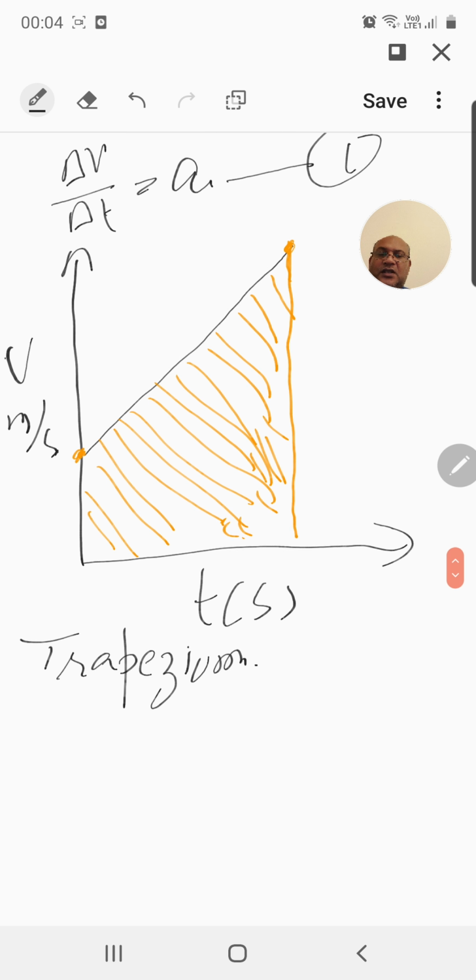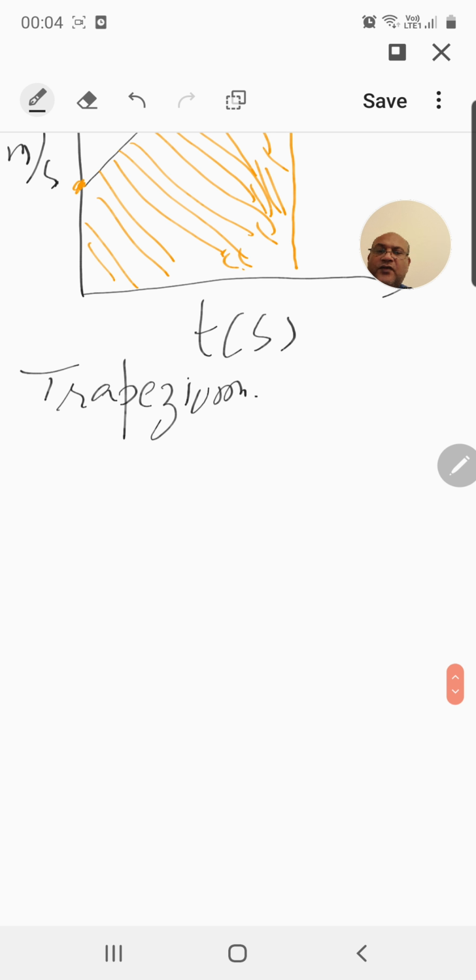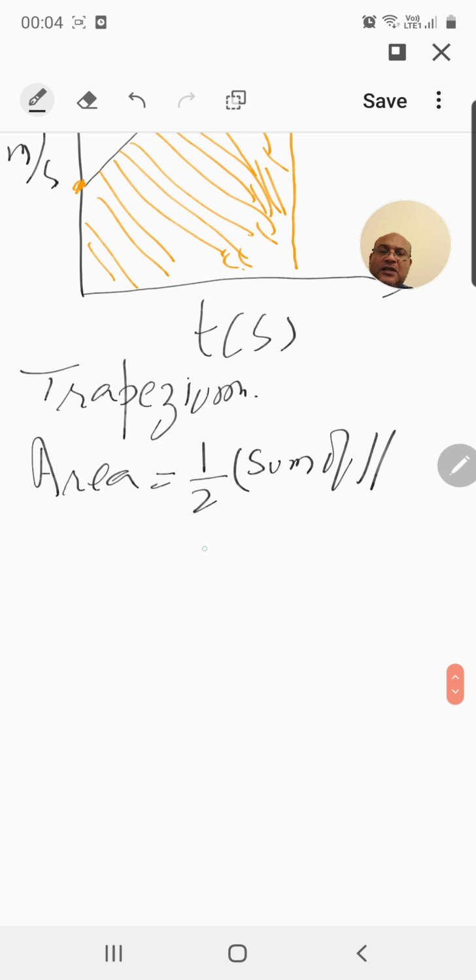Yeah, and what is the formula for the area of a trapezium? The formula for the area of a trapezium is 1 over 2 into the sum of parallel sides, multiplied by the normal, or perpendicular side.